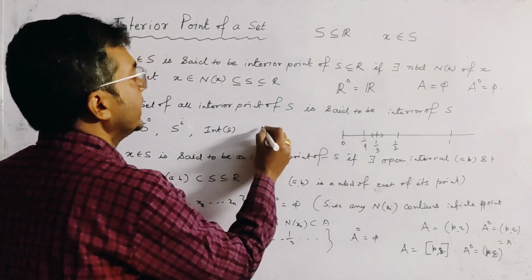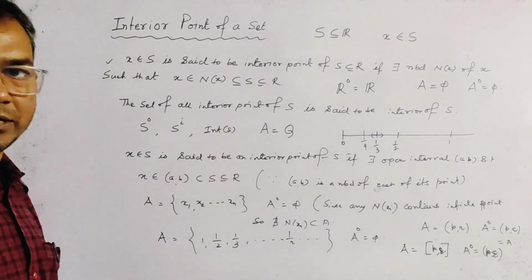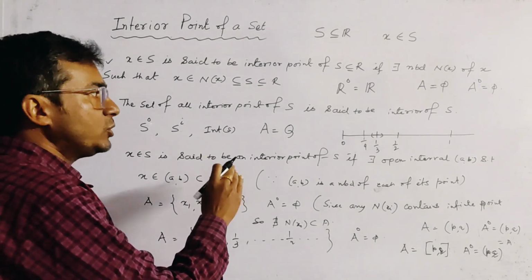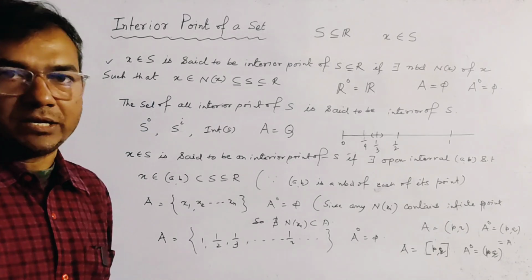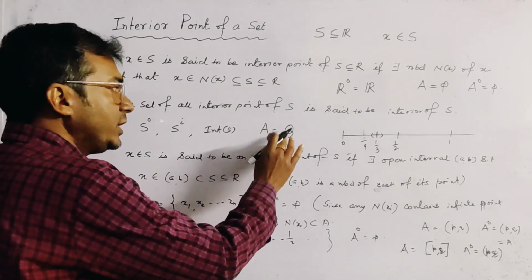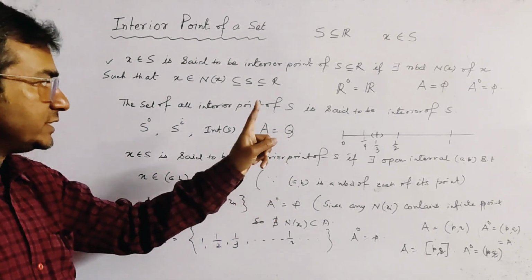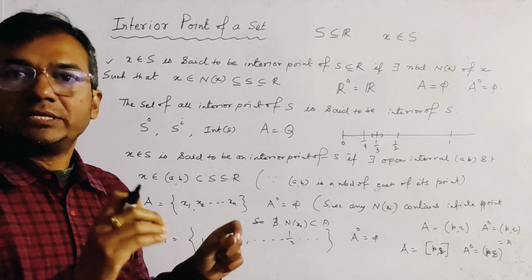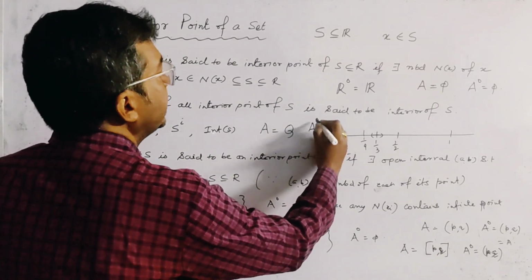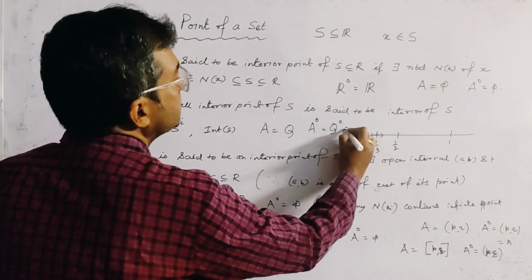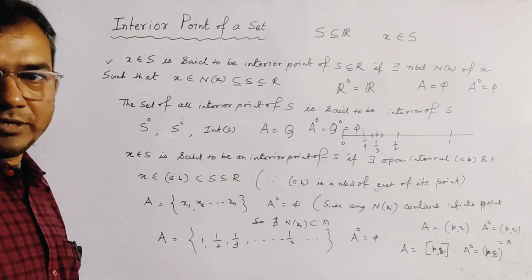If we take A equal to Q, the set of rationals, we know that between any two rationals there are infinitely many irrationals. So if we find a neighborhood of any point of Q, this neighborhood does not totally lie in Q. So the interior of Q is also phi. That is, Q has no interior point.